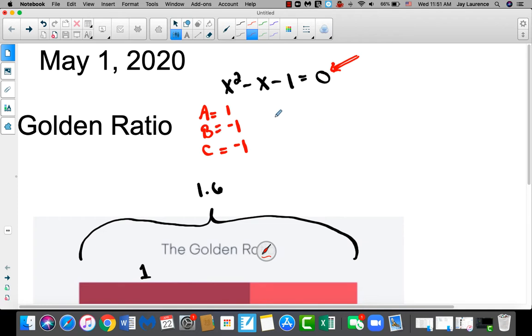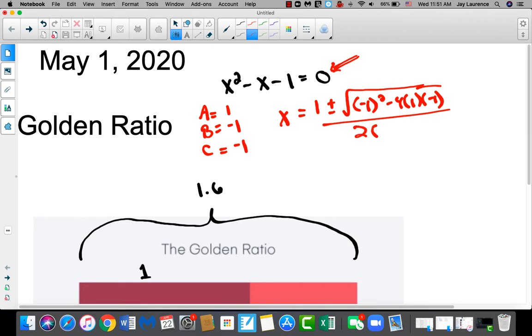And then I use the quadratic formula. x equals the negative of b plus or minus the square root of b squared minus 4ac all over 2a. When you simplify that, you end up getting 1 plus the square root of 5 divided by 2. And that is the exact form of the golden ratio.